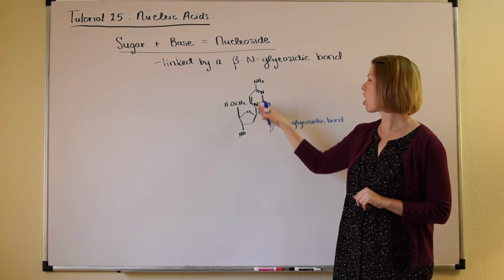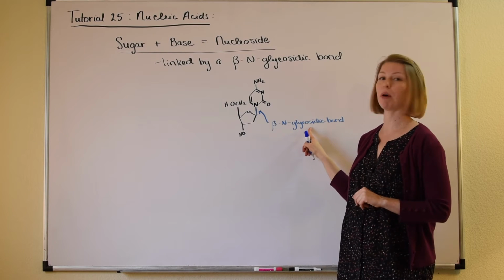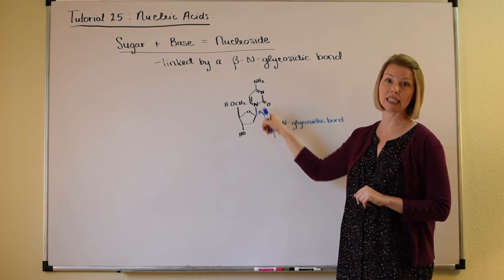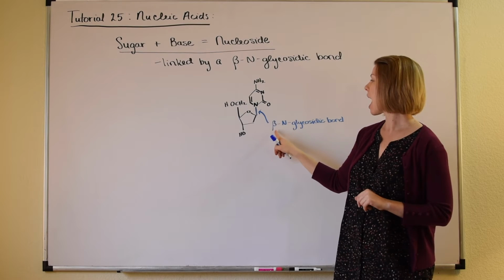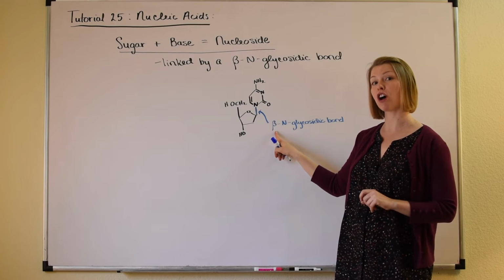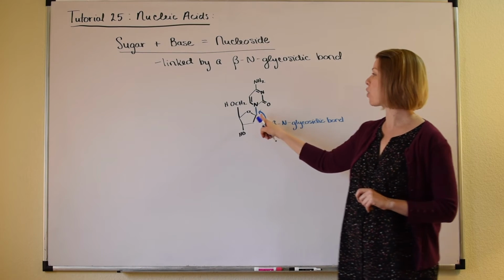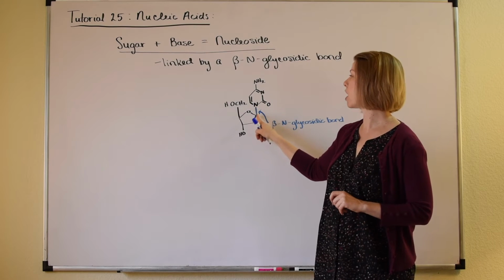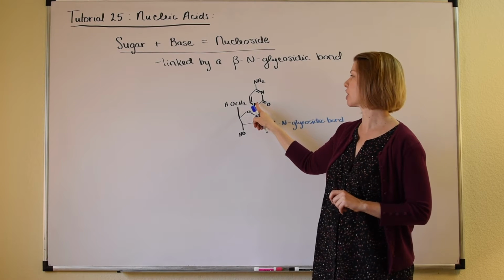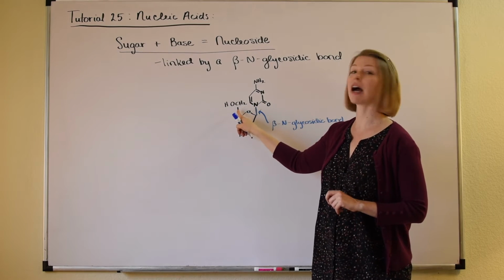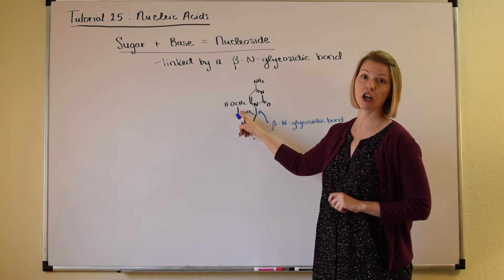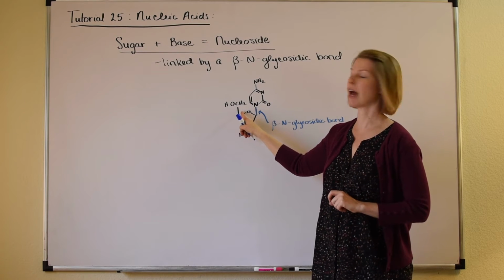And so that's why we call it an N-glycosidic bond, because it goes to a nitrogen instead of an oxygen there. And the beta position, recall, refers to the orientation of that bond in the upward direction. In other words, on the same side as the CH2OH of carbon 5, okay?